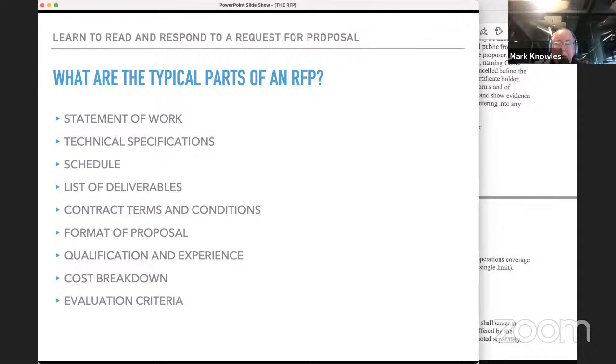Then they pull together those who meet all their expectations, maybe a subset of those who responded, going down to maybe 2 or 3, and then they'll look at cost as a part of the final evaluation criteria. We're going to look at the evaluation criteria of an example of one that I have actually completed in the past, and how that decision-making process works.